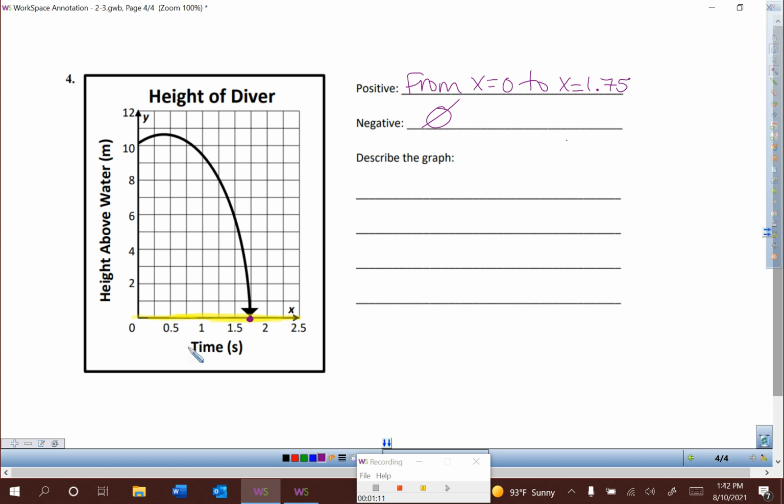So the diver starts 10 meters above the water. Jumps up.